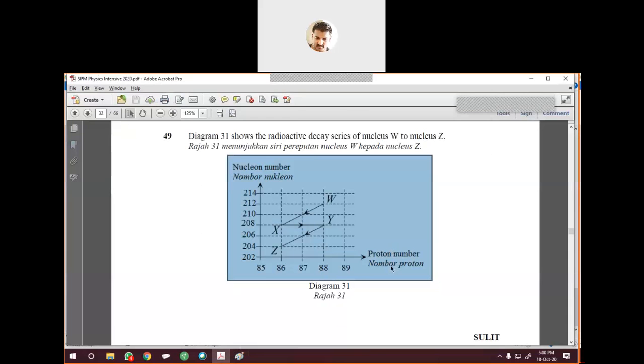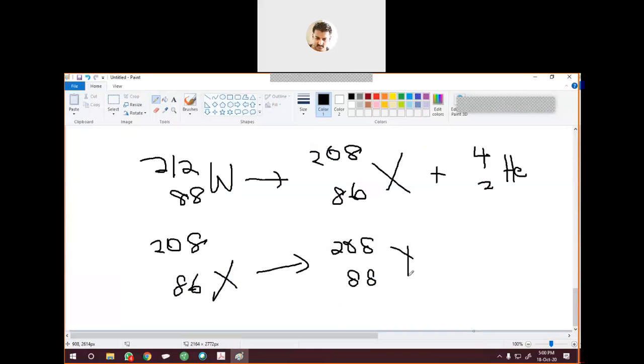Let's say this one is Y. When 208 becomes 208, there's no loss, so it's 0. 86 becomes 88. That means it added how much? So it's minus 2, correct? Yeah. So minus 2 can only be depicted by an electron.